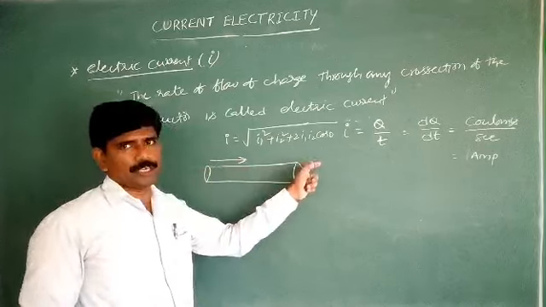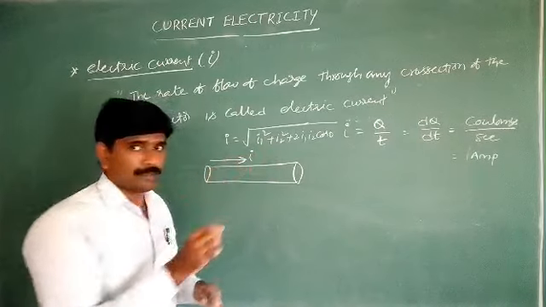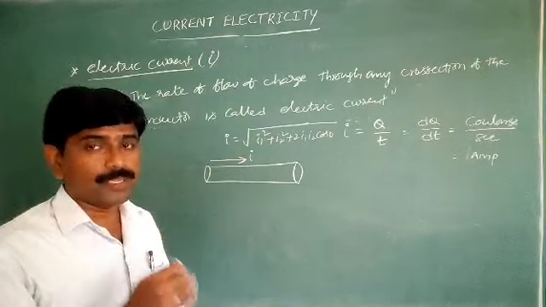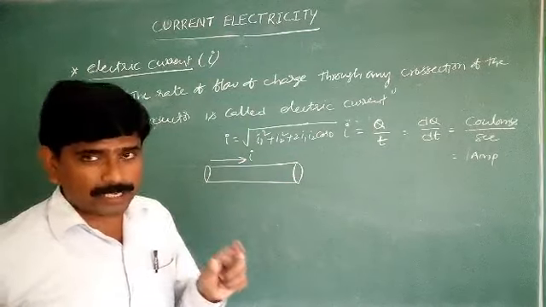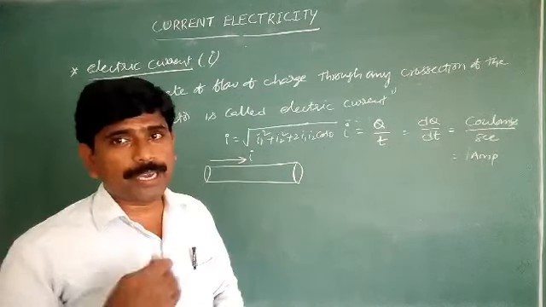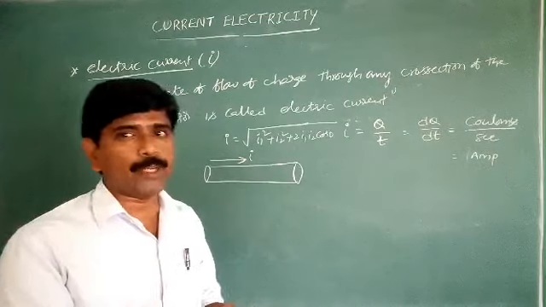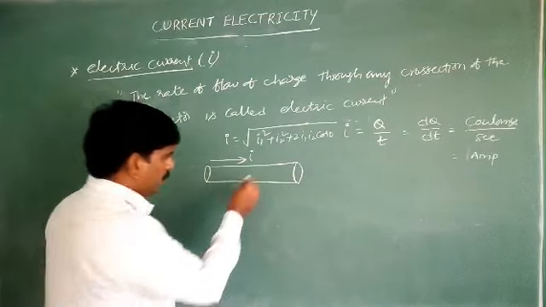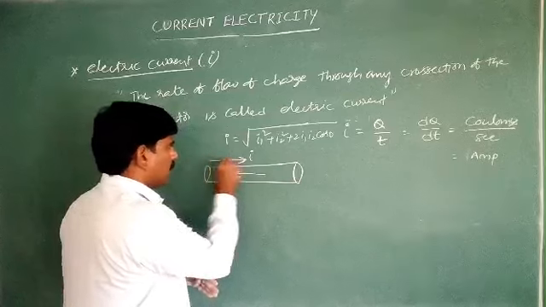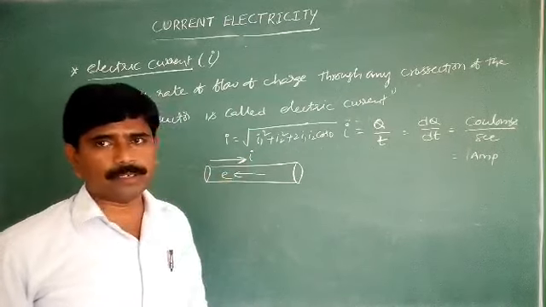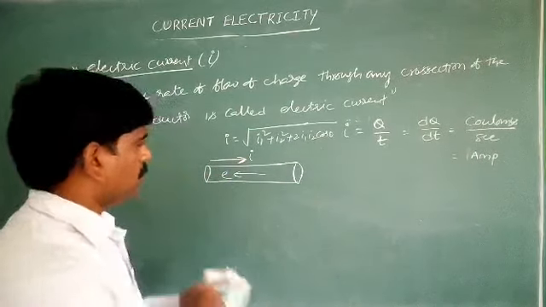This is the direction of the current, the conventional current direction. The direction of the current is opposite to the direction of flow of the negative charges, the electrons. Electrons are moving in this direction, and this is the direction of the current.